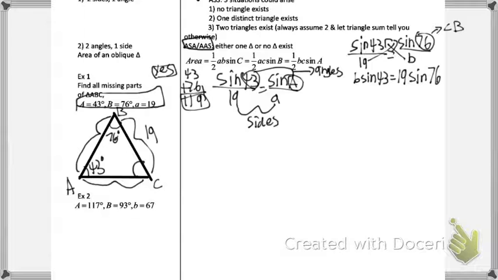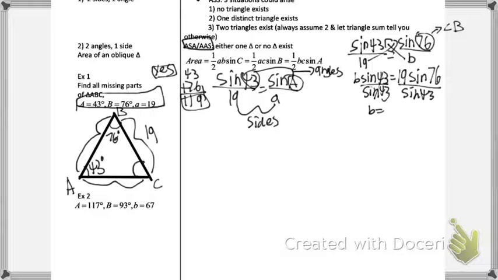To leave b alone on one side, we divide both sides by sine 43. So b equals 19 sine 76 divided by sine 43, let's calculate that on my calculator.